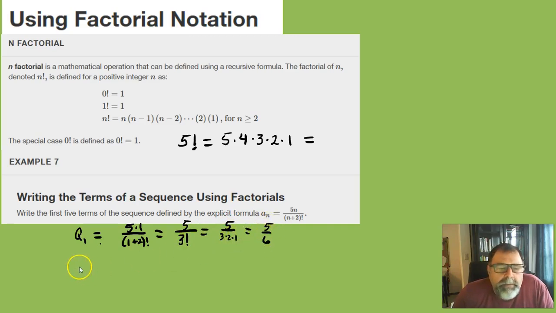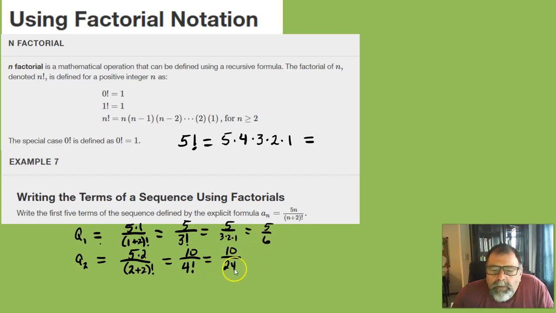So you get 5 sixths. For n equals 2, we get 5 times 2 over 2 plus 2 factorial, which is 10 over 4 factorial. So 10 over, 6 times 4 would be 24. And then we reduce this: if you divide 2 out of there, you get 5 twelfths.